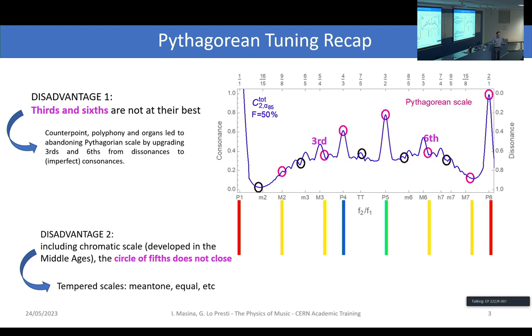And then, of course, the more you go away from the perfect tuning, the more the beatings take over, and then it really feels dissonant. This makes more physical sense compared to the pure compactness model, where by definition you have the peak of consonance on the ratio, that is the good ratio.